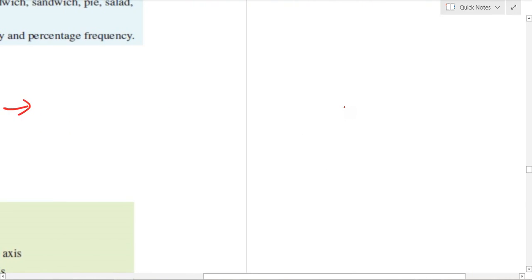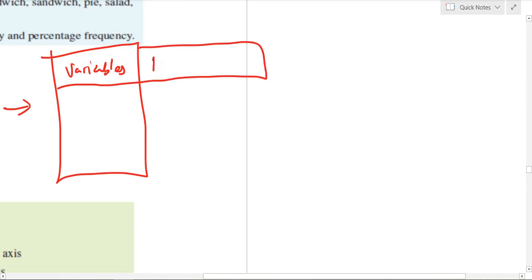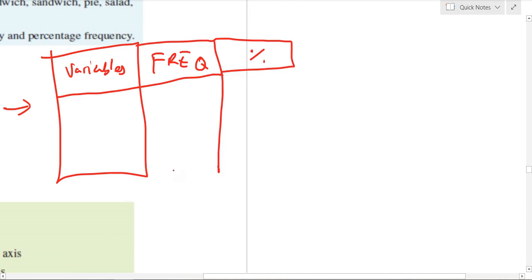Alternatively, the other way that I would prefer is if you just did this: whatever your variable is, your frequency, and then at the end you want to include your percentage. So this is what your table should look like. At the very bottom as well, you should have the totals.